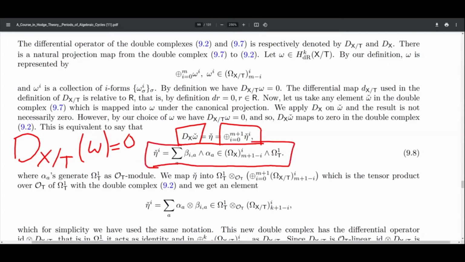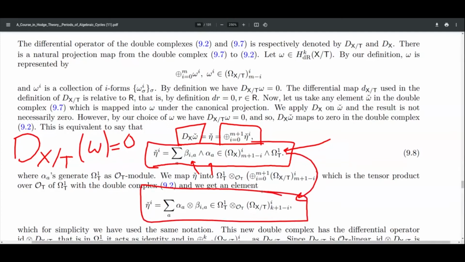This means that omega hat will have this part, beta_i wedge alpha_i, where alpha_i is in omega_1. And we simply map this element to the element here, replacing the wedge with the tensor sign.